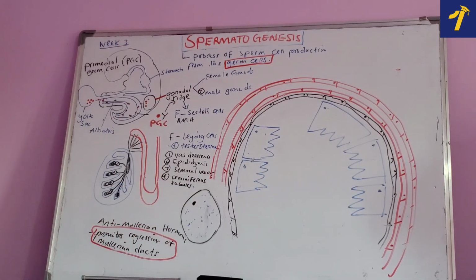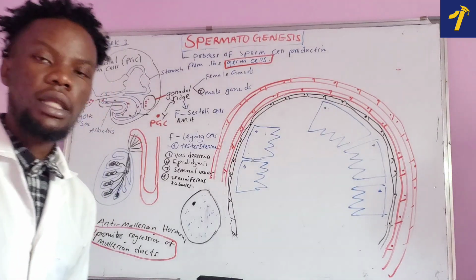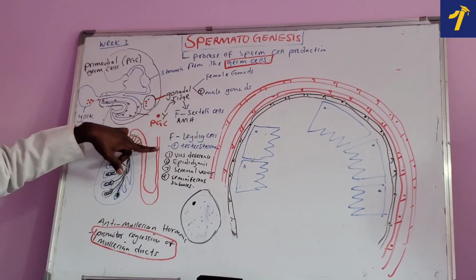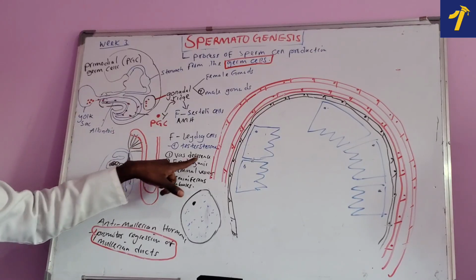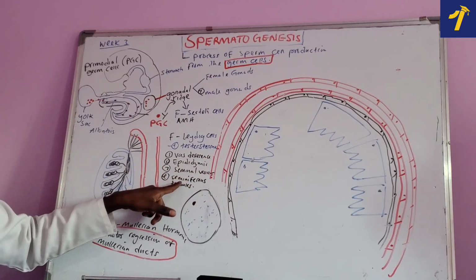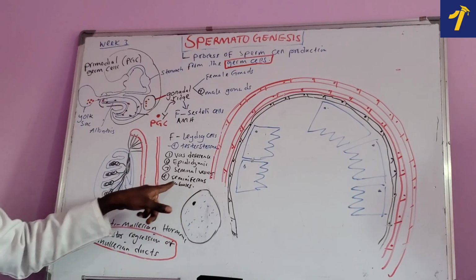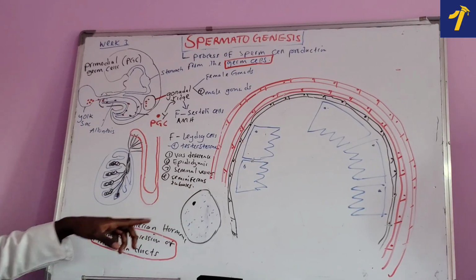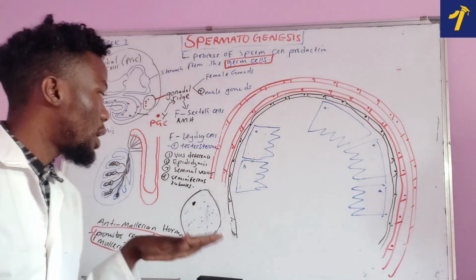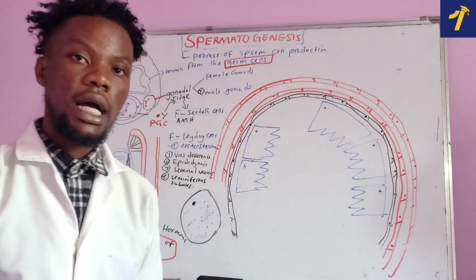Okay. So now again, you've seen these internal structures. So we are saying the fetal Leydig cells promote the development of the vas deferens, the epididymis, seminal vesicles, seminiferous tubules, as well as other important structures. Okay, that's the function of testosterone.